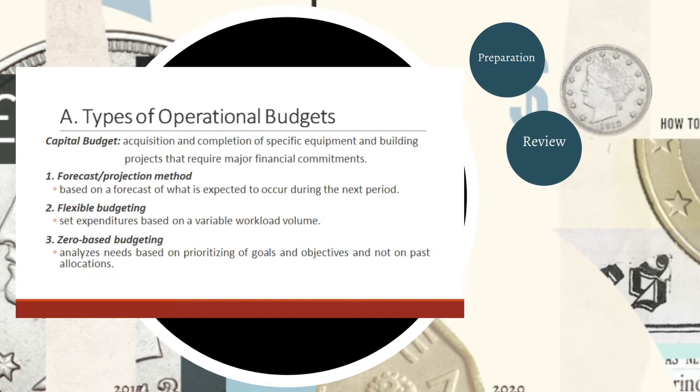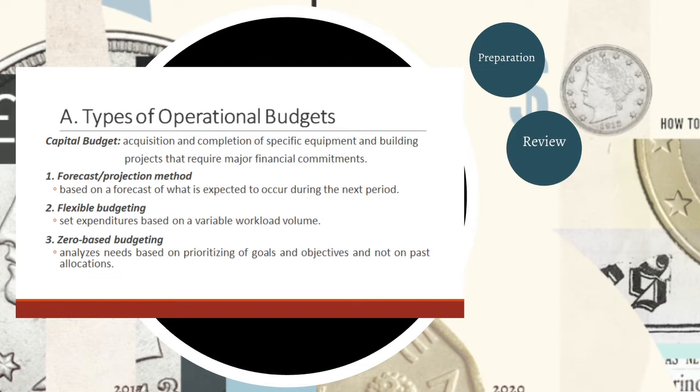Forecast or projection method budgeting is a budget prepared based on a forecast of what is expected to occur during the next period. This makes projections of the increases or decreases that will occur of each line item in the budget based on historical information and adjustment for anticipated changes such as inflation or nature of the business.